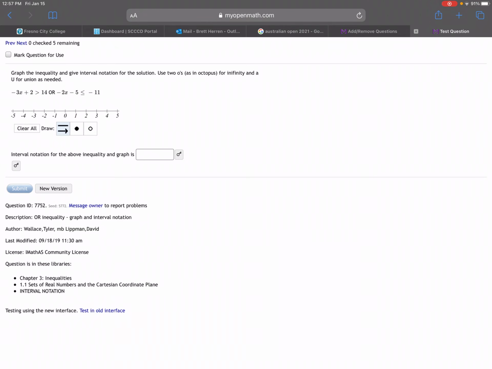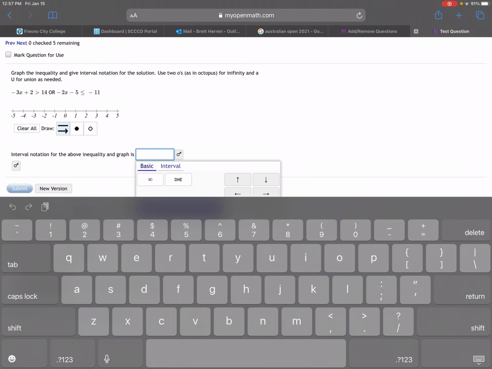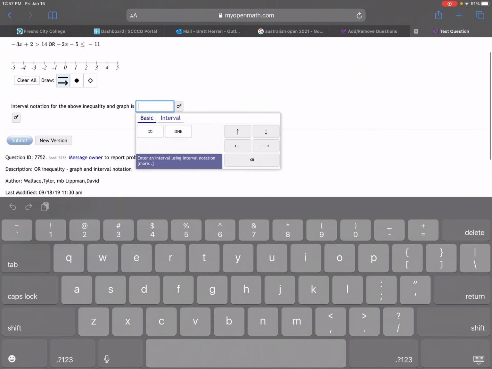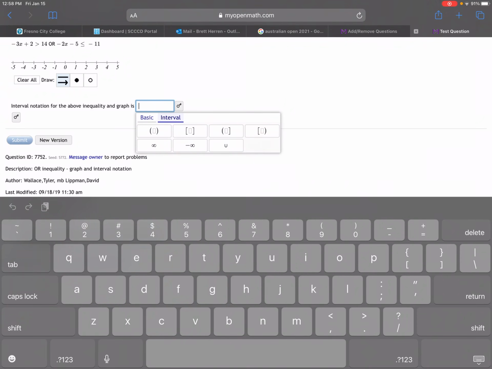There it is. Watch when I click on this right here. Do you see this little palette that just opened up? I just clicked on the answer, and this little palette opened up. If I go over to interval, you see Basic, Interval. See the U right there? Boom. There's your U that you have to put in between the two answers.